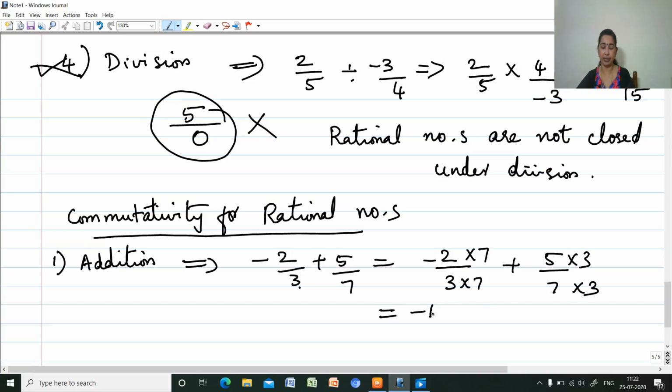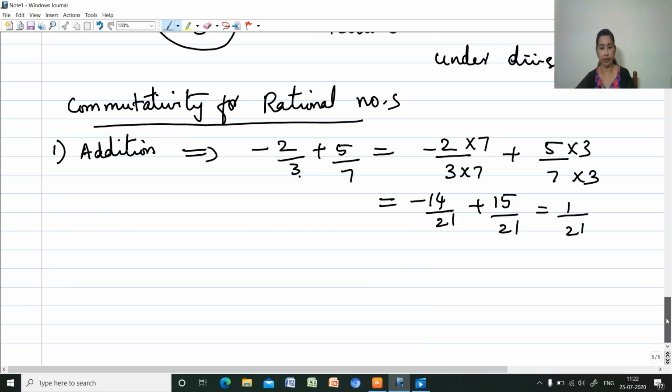So we'll get minus 14 by 21 plus 15 by 21, which is equal to 1 by 21, again a rational number. So we can say that rational numbers can be added in any order, or commutative law is satisfied here. So commutativity is satisfied for addition.